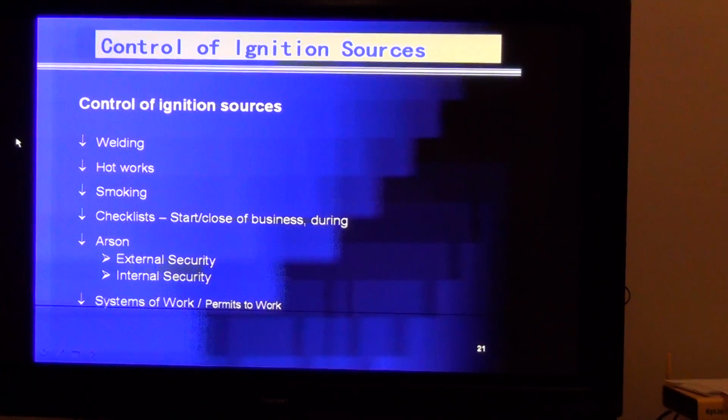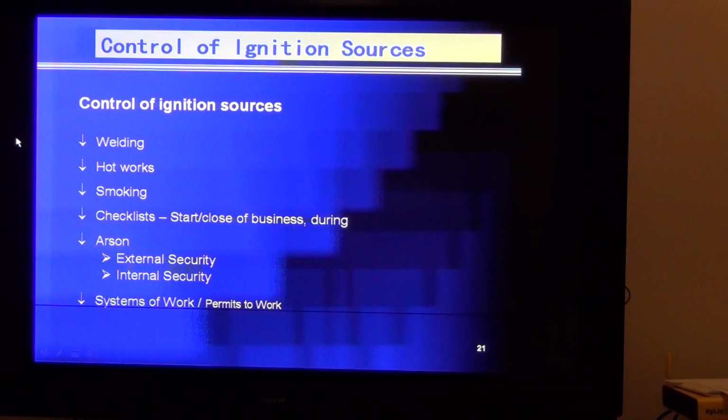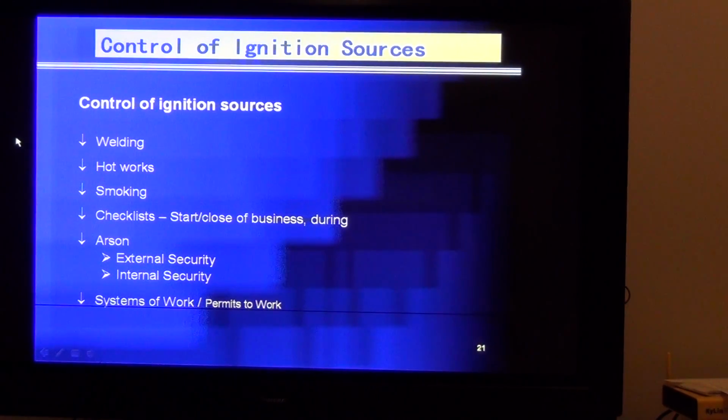This includes welding, hot works, smoking, and we need to have a checklist. The checklist will start from the beginning of the business and be updated while the business is ongoing.